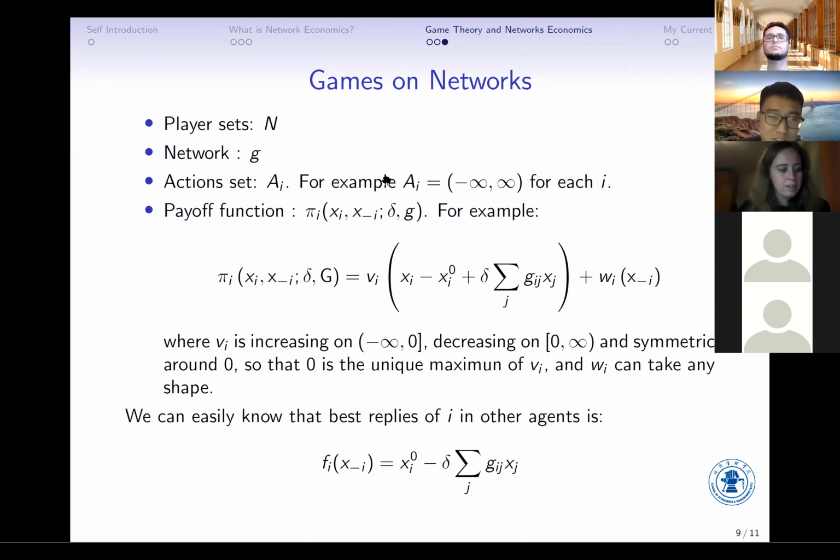So on this page, I want to introduce a simple game on networks.